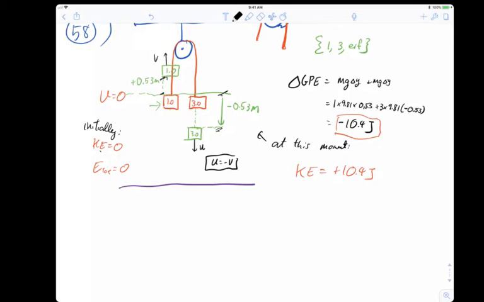So what this means is that we can write the kinetic energy as 1/2 times the mass times the velocity squared plus 1/2 times the mass times its velocity, which is minus v, all squared, which becomes 2v squared equals 10.4, so v is equal to 2.2 meters per second. That's how fast they're both traveling. Fun, right?